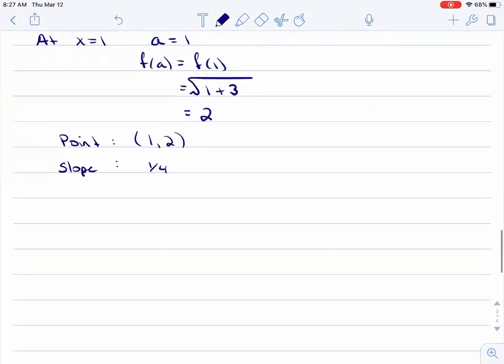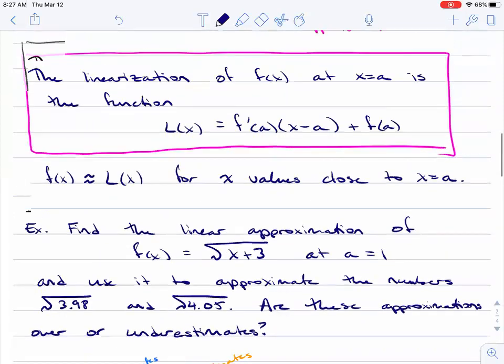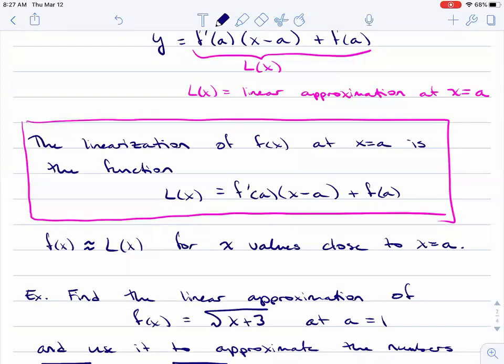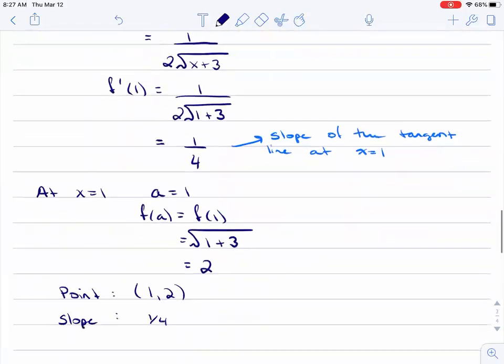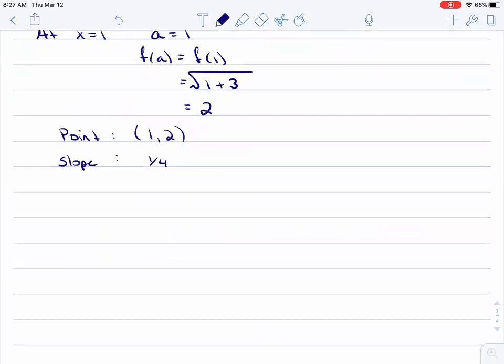And so you can start with the L of x function that we established earlier, or you can just develop it. That way you don't have to crowd your brain with more stuff. We need to know how to find the equation of a tangent line anyways, so we may as well just develop it every time. I don't really see the harm in that. So we've got y minus f of a is f prime at a times x minus a.